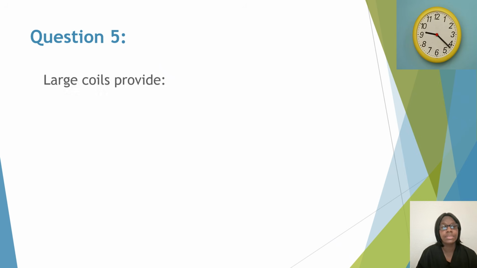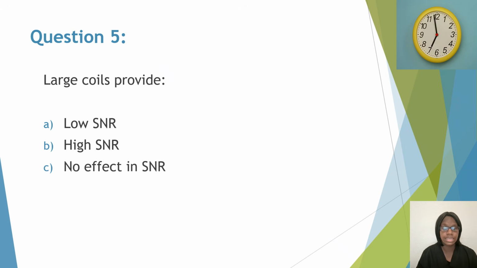Question 5. Large coils provide A, low SNR, B, high SNR, C, no effect in SNR, D, small coverage.